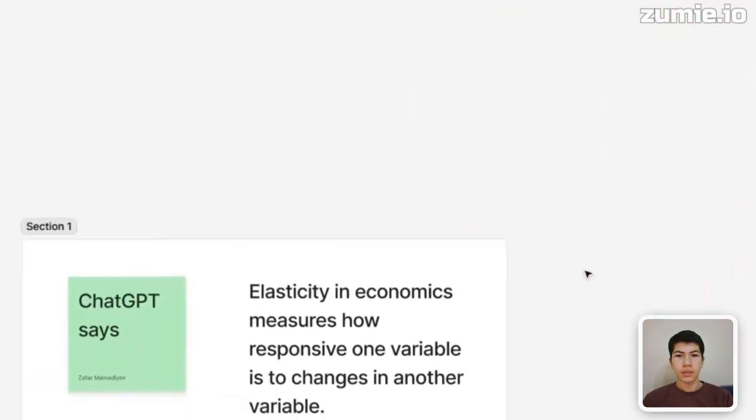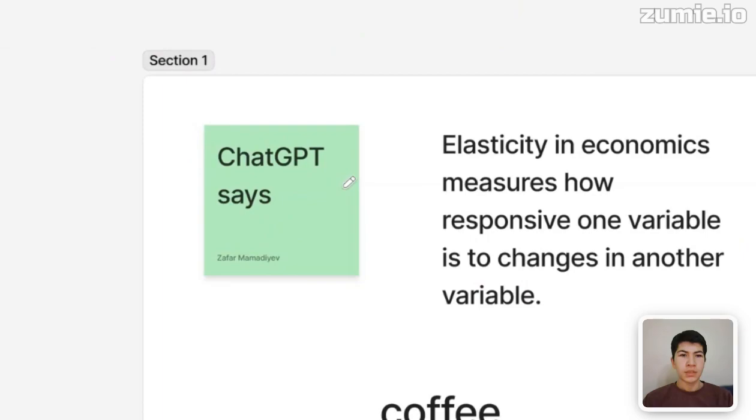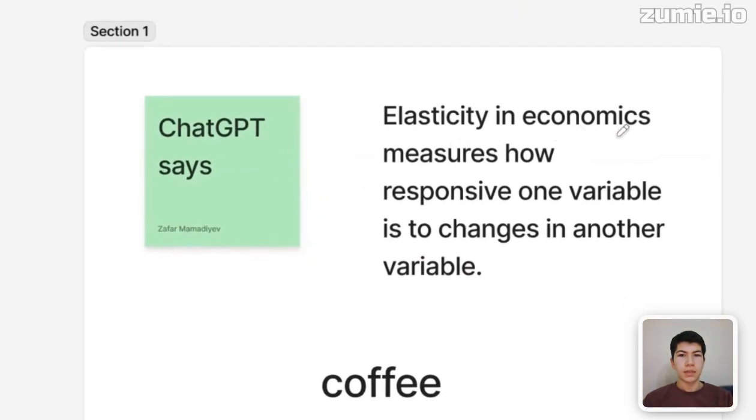So let's keep going. ChatGPT here says that elasticity in economics measures how responsive one variable is to change in another variable. I'm highlighting the word responsive because that means that when a product is elastic, the response is dramatic.